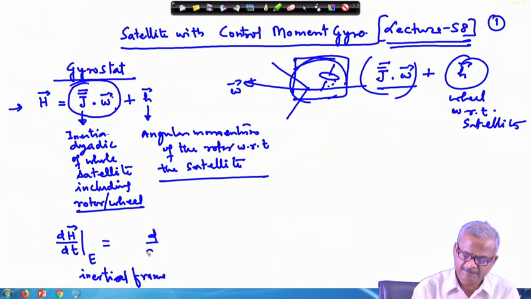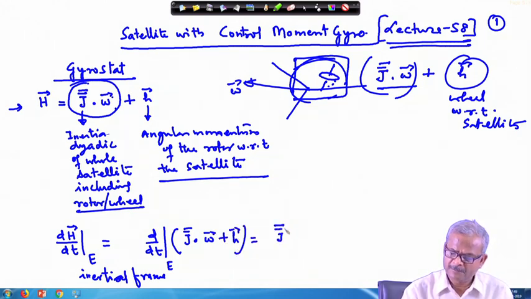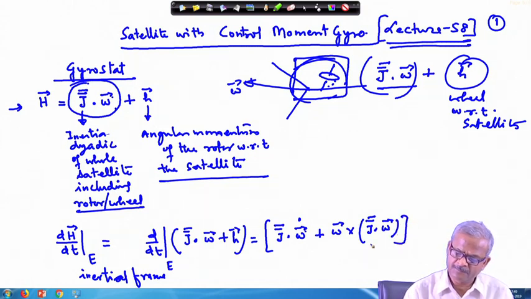So, we can write it as d by dt and breaking it, this is with respect to the body axis. In the body axis, the moment of inertia of the whole satellite will not change, and then omega cross, this is one part, and for this part you have similarly h dot plus omega cross h.